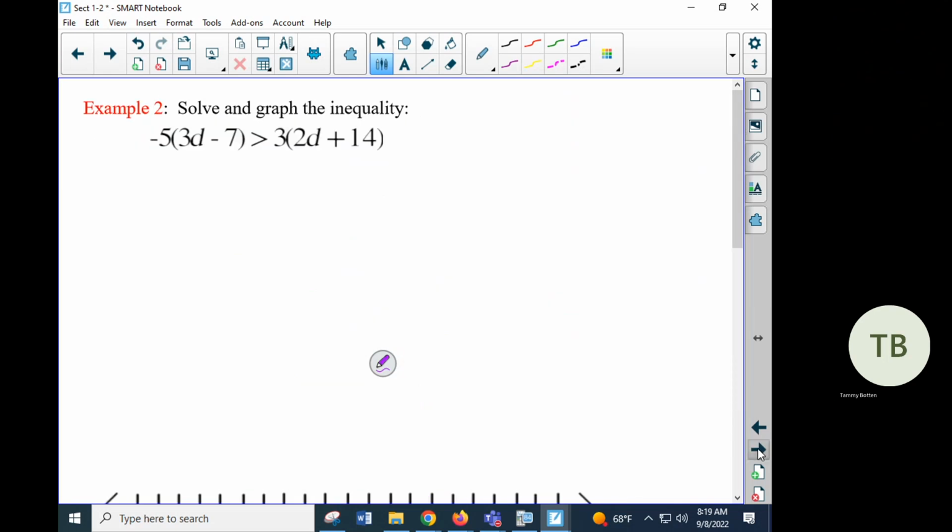All right, so now if we look at this, we would have to distribute on both sides first, okay? So I distribute here and I distribute there, okay? Now, don't get confused.